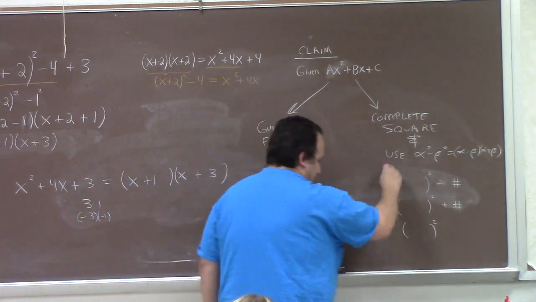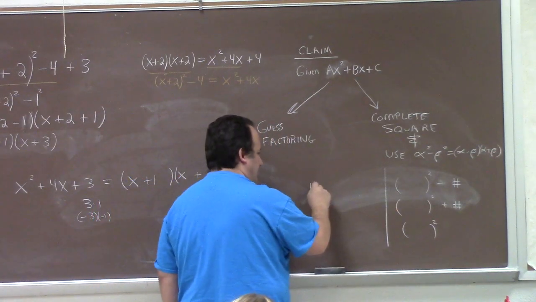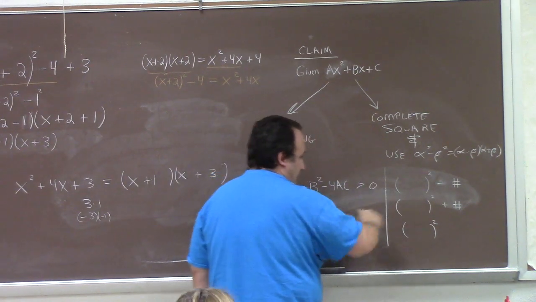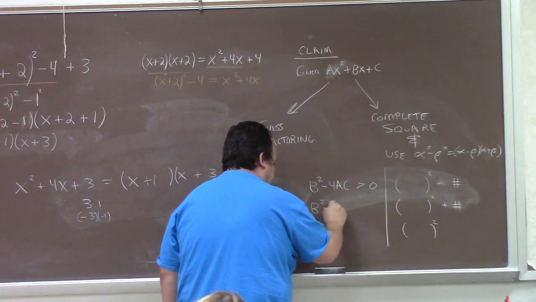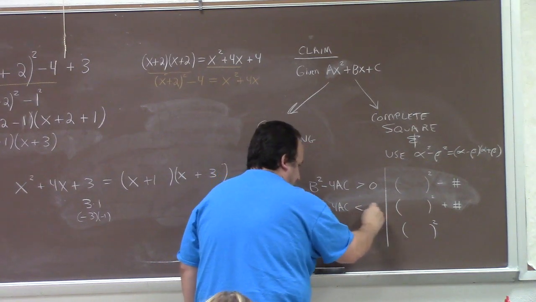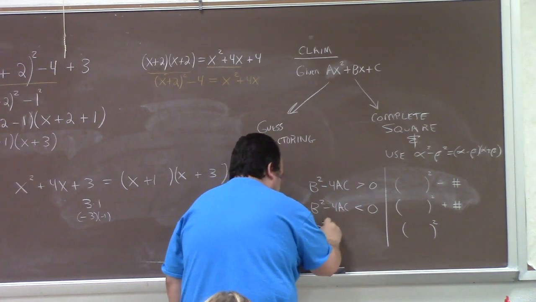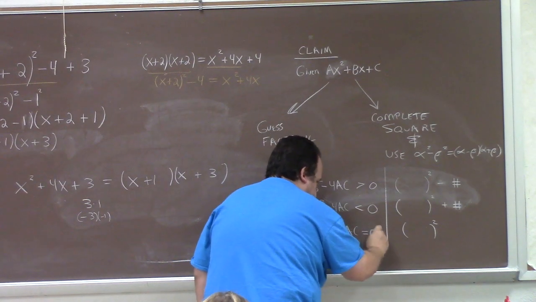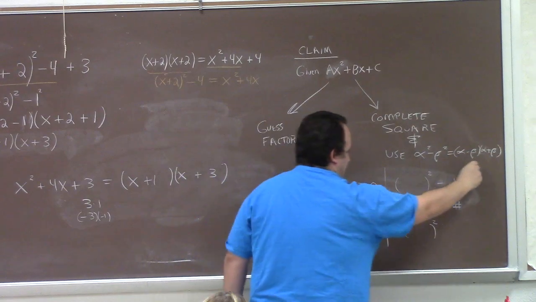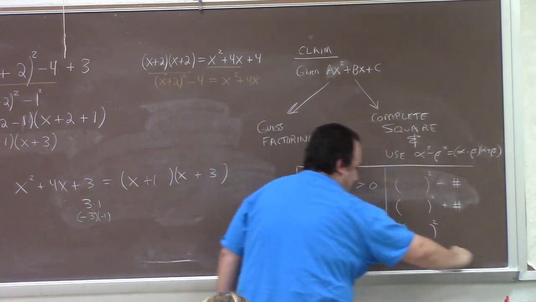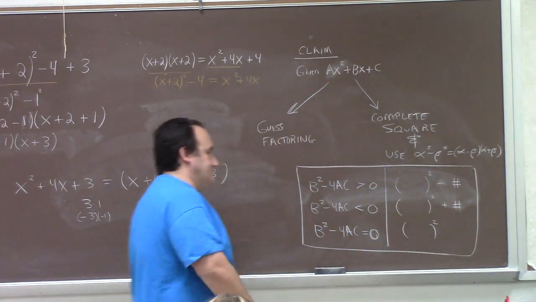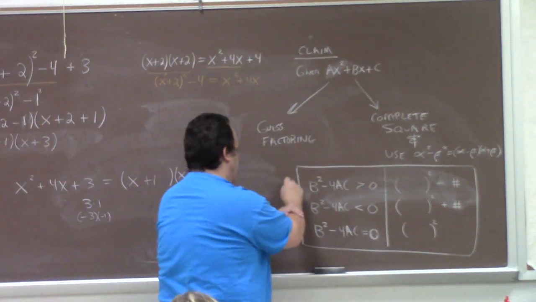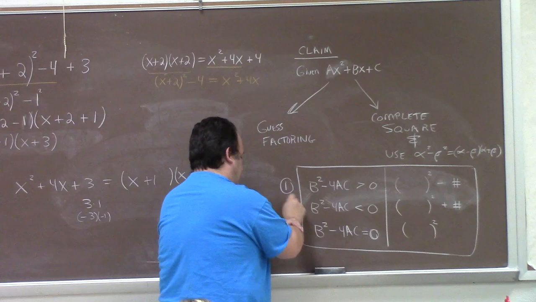The first pattern happens when b squared minus 4ac is greater than 0. The second happens when b squared minus 4ac is less than 0. And the last one happens when b squared minus 4ac is equal to 0. Those are the possible cases. We just saw case number 1. I'm going to call these case number 1, number 2, and number 3.